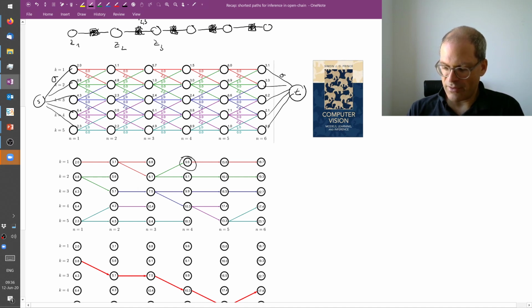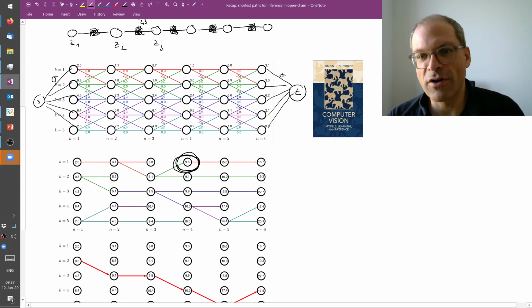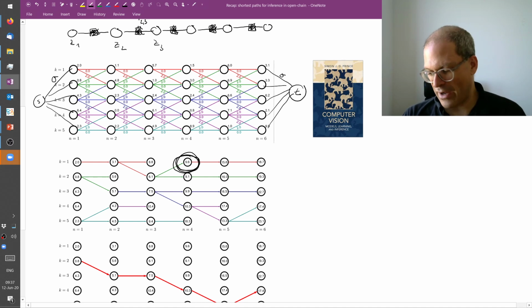So this particular state, the overall cheapest way of reaching it would be from here. And now we see in these boxes the cumulative cost. So the cheapest way of reaching this particular node here by any path was 9.6, and the last bit of the path was that one.